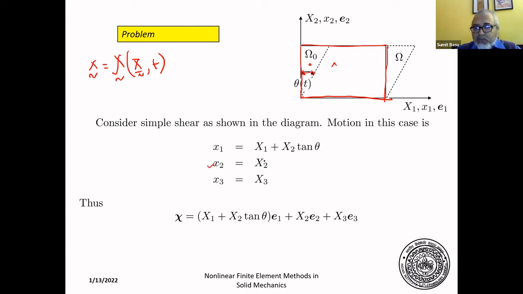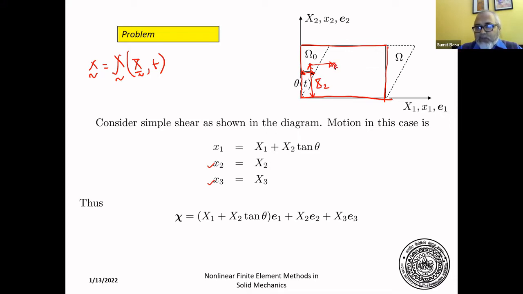So small x2 remains equal to capital X2, small x3 remains equal to capital X3, and every point moves in the horizontal direction by this amount, which is given by capital X2 tan theta, where capital X2 is the height of the point in the reference configuration.